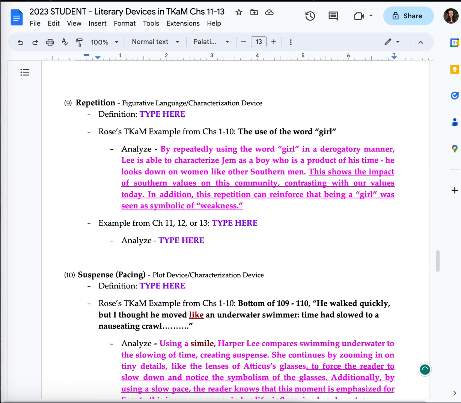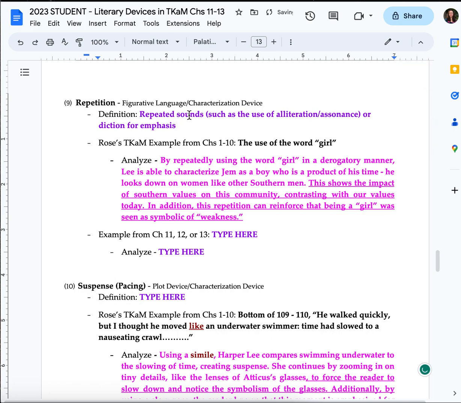Repetition is repeated stuff, right? There we go. I'm just going to add that in. Repetition can also be repeated sounds, such as the use of alliteration or assonance, or anything else for emphasis.